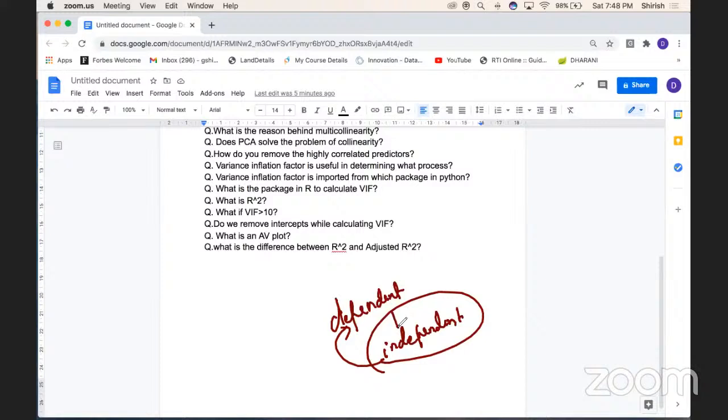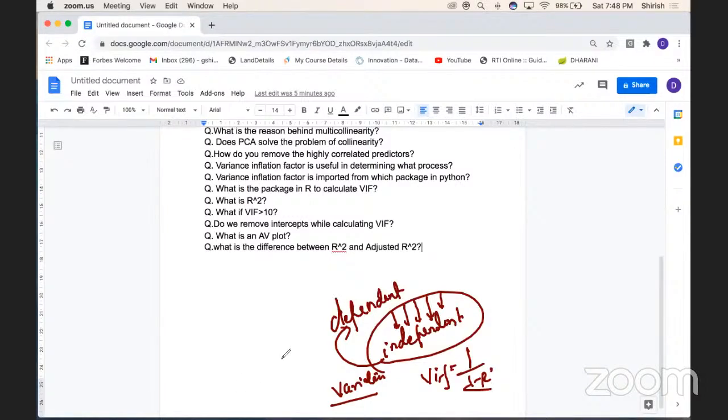It would take every variable, not a single variable, for explaining the variation. Because ultimately, when you get R square, you would get your variance inflation factor. Now what is this adjusted R square?